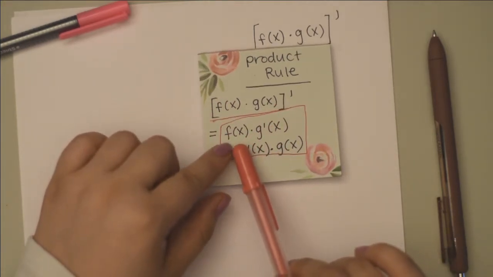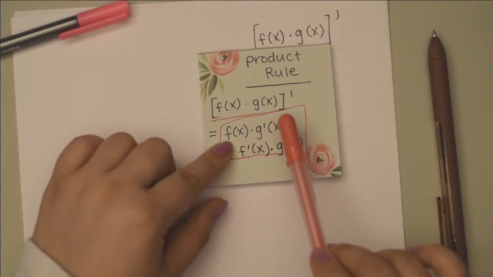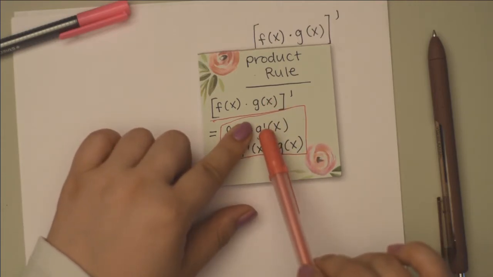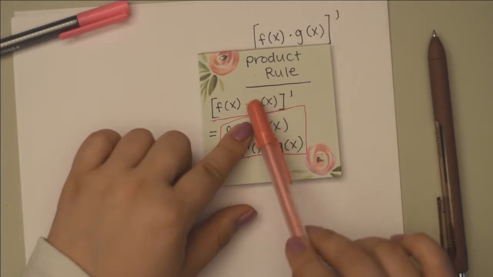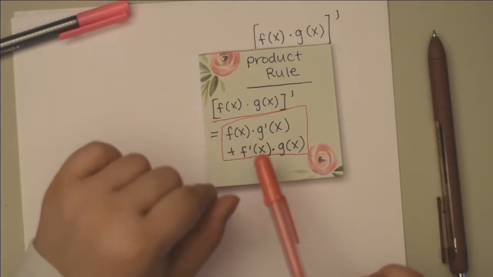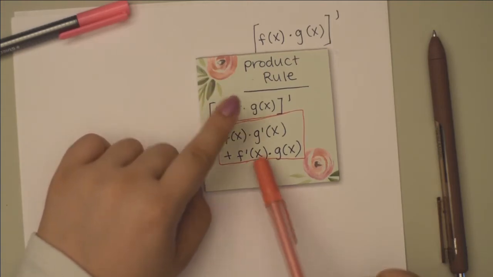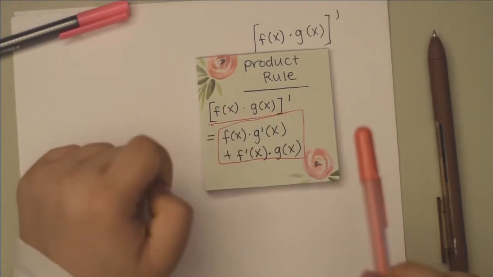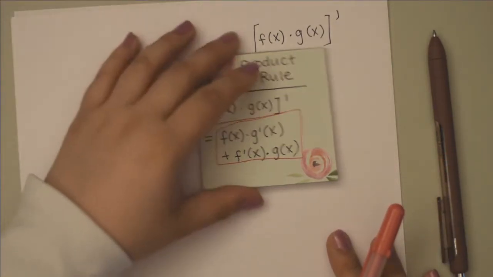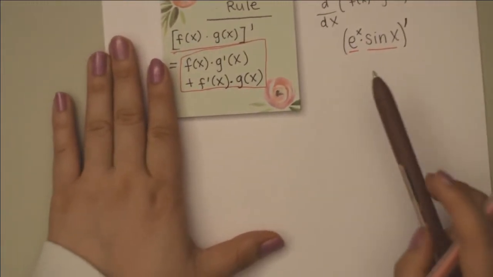And then when it comes time to taking the derivatives, hopefully you'll remember your derivative rules and be able to calculate, for instance, the derivative of the second one, and then you just multiply the first part, and then plus, and then hopefully you'll know how to find the derivative of this first function, times, and then you just keep this as is. That's it. Okay, so I say it like that's so simple, but don't worry, let's just give it a try.